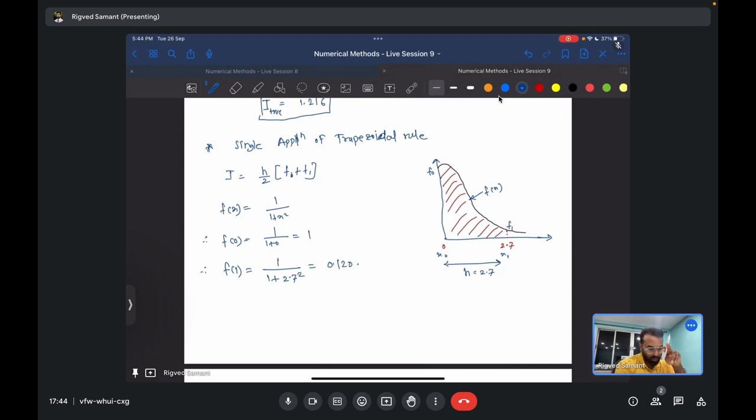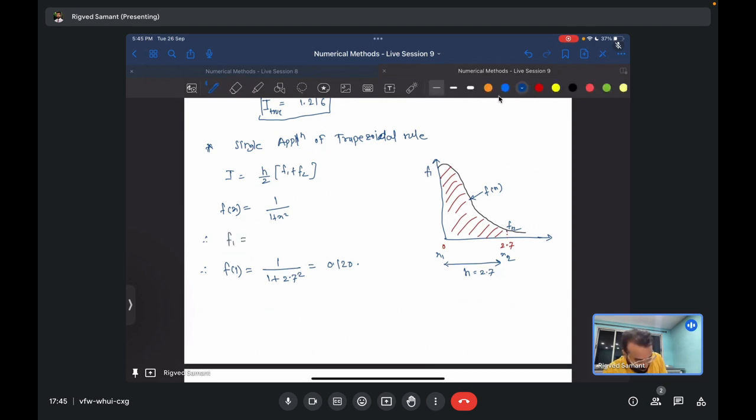Or I'll go with this notation. So this is x1 and this is x2. Then we will call this f1 and this f2. I'm changing these notations because these are the standard ones, that's why f1 plus f2. The basic theory is the same.